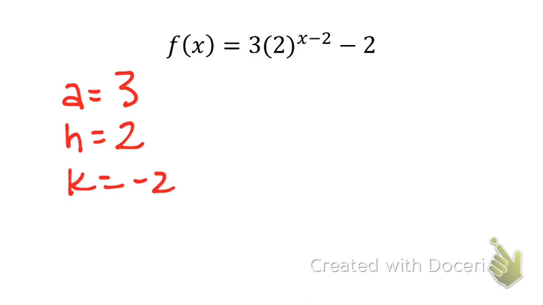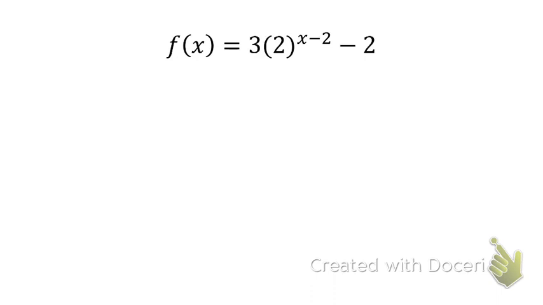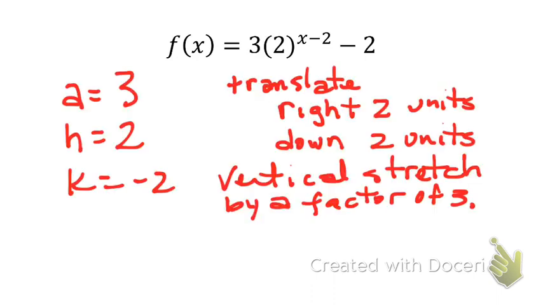Pause the video and see if you can write a description of this function. What do those transformations do? Hopefully you said something like, translate right 2 units, down 2 units, and vertical stretch by a factor of 3.